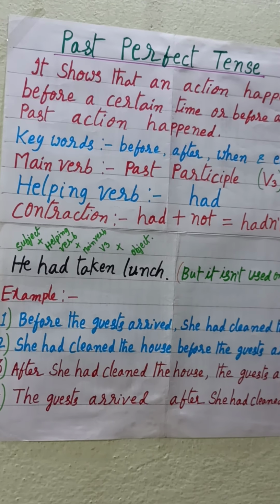That is, she had cleaned the house before the guests arrived. But a comma is used in the first one. Before the guests arrived, comma, she had cleaned the house. These two have the same meaning.